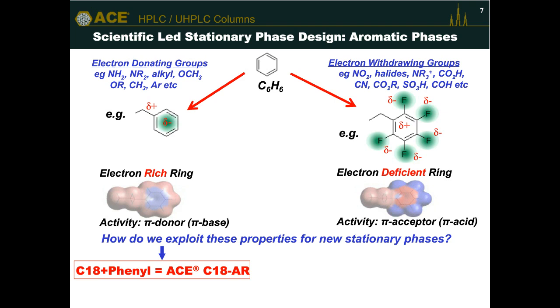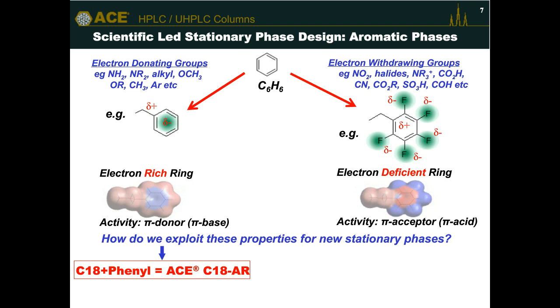So we have the hydrophobic mechanism of interaction from the C18, but we have the pi-pi system interactions and a weak dipole interaction from the phenyl stationary phase. So this is quite different to the standard C18 chemistry. These different mechanisms of interaction give us different selectivity compared to a standard C18.